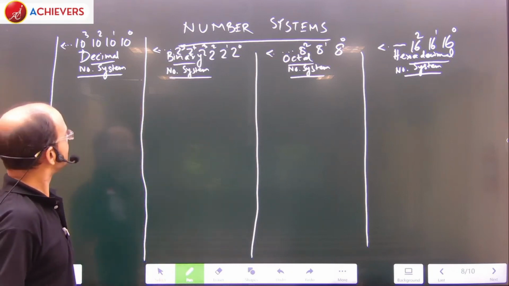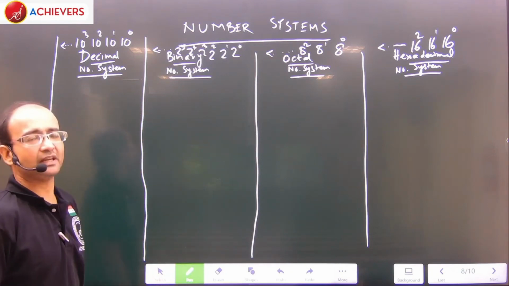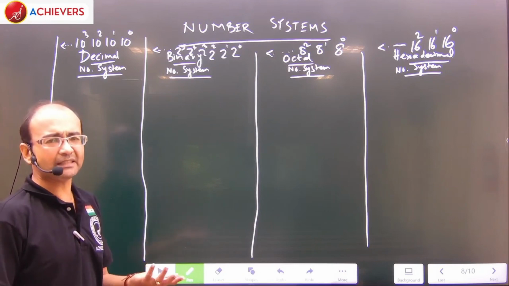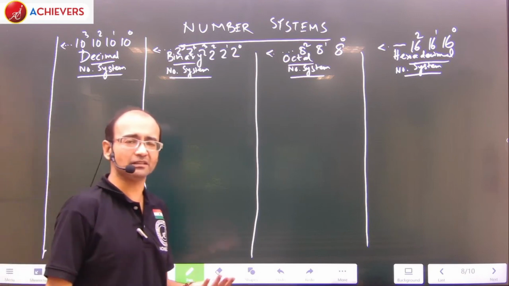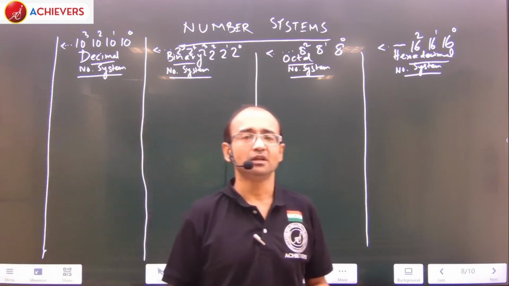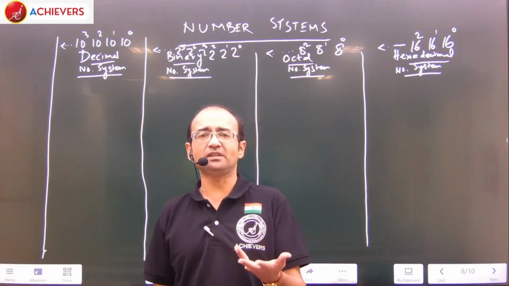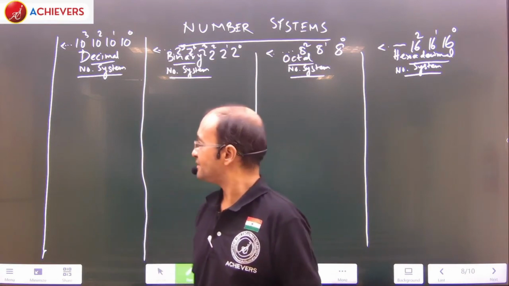Over here, first let's have a look at how we define the numbers based on the decimal number system. Since we have already learned this from childhood, we can define the numbers within seconds.